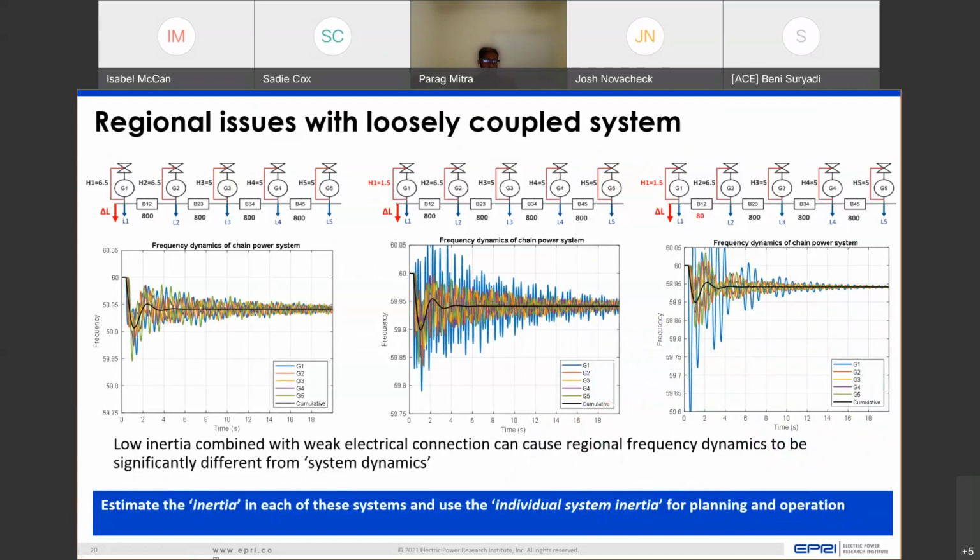So what are the regional issues with a loosely coupled system? To motivate this, I used a simple example of 5 machines connected through a transmission line.